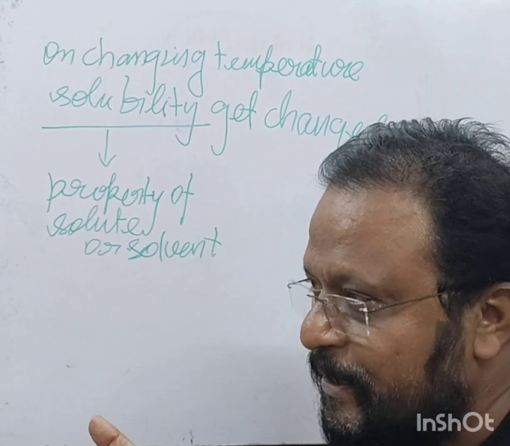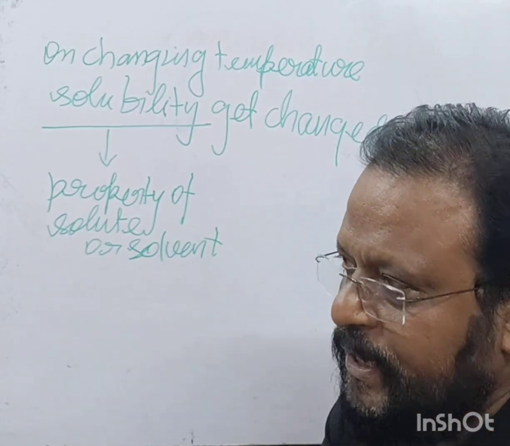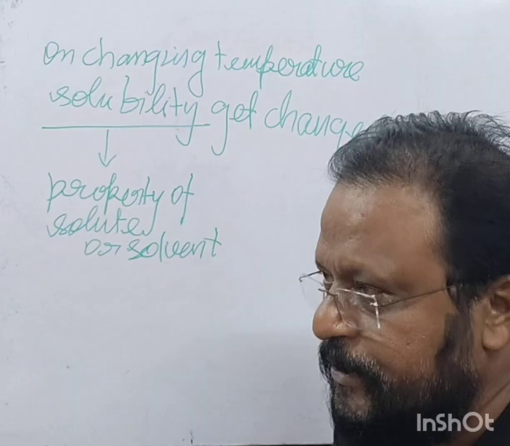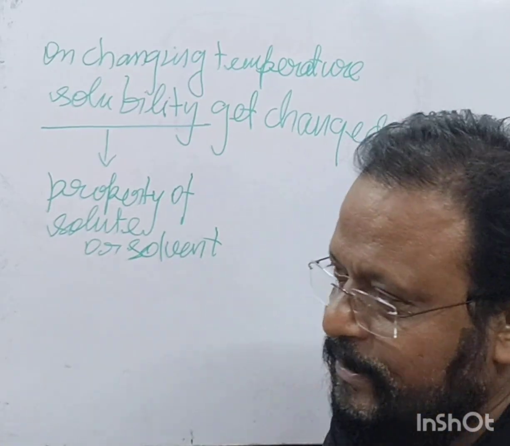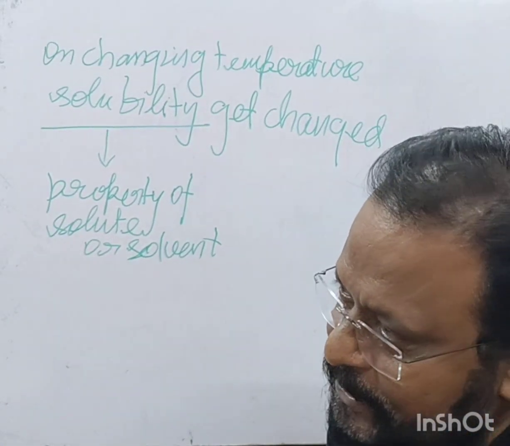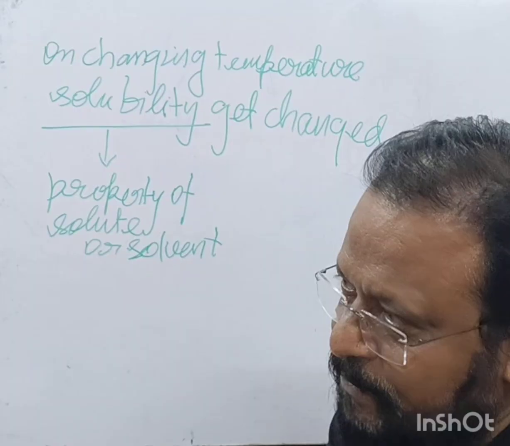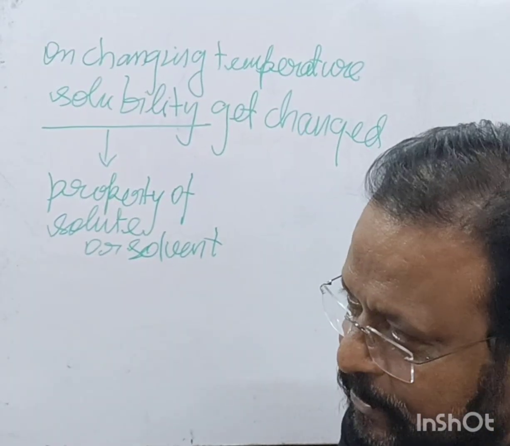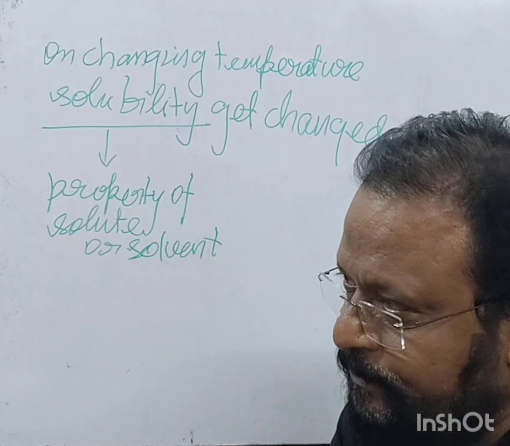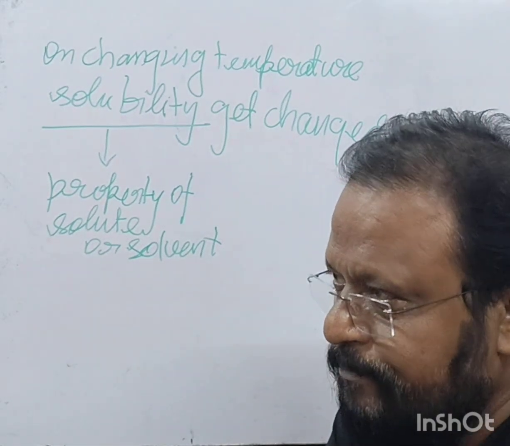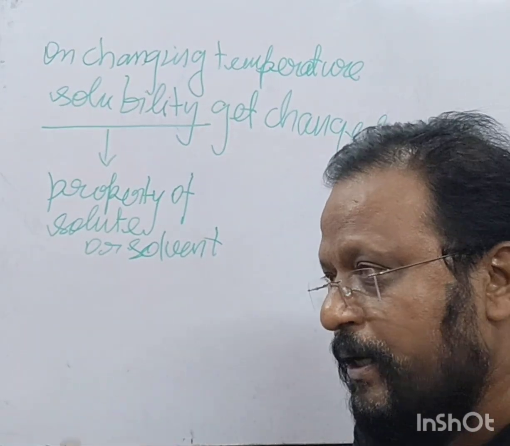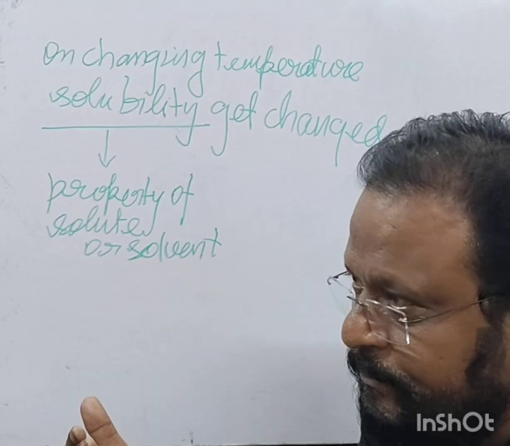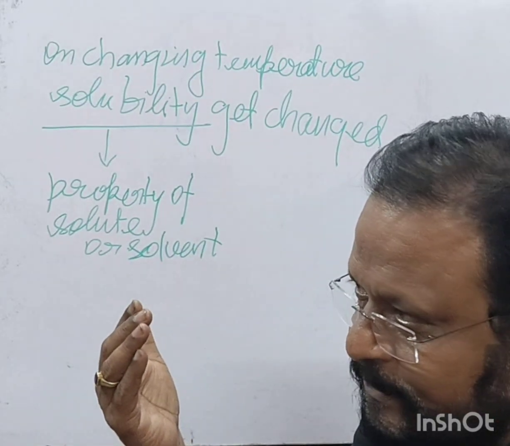But when you increase the temperature, say from 25-35 degrees Celsius to 100 degrees Celsius, its solubility changes. Your 6 spoons get dissolved. You can even put 6 more teaspoons there and they get dissolved, right? As you increase the temperature, solubility increases.